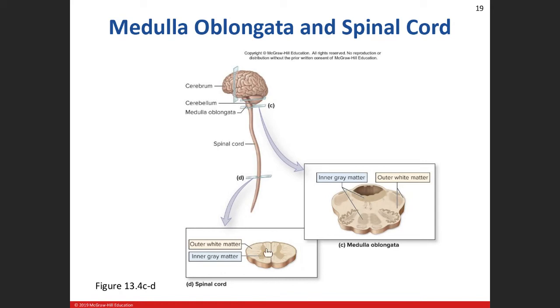But also, remember, in the subarachnoid space of the meninges you also have cerebral spinal fluid. So you have it at the center of the spinal cord, and you have it between the pia mater and the arachnoid mater in the subarachnoid space that also surrounds the spinal cord. Please don't forget that.